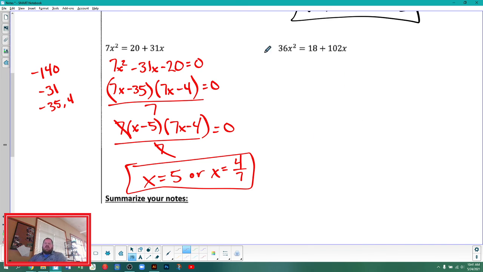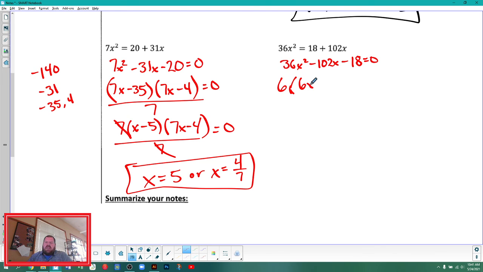Okay. Last one here, we've got 36x squared minus 102x minus 18 equals 0. Those have got to all be factors of 6. So we'll go ahead and pull that out.